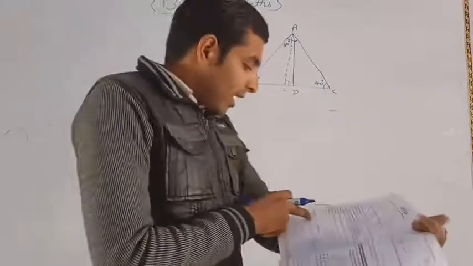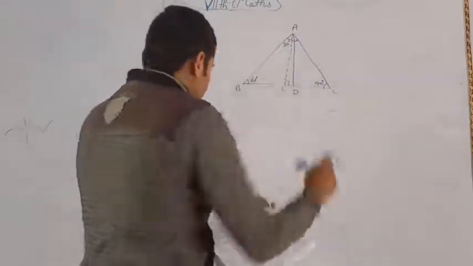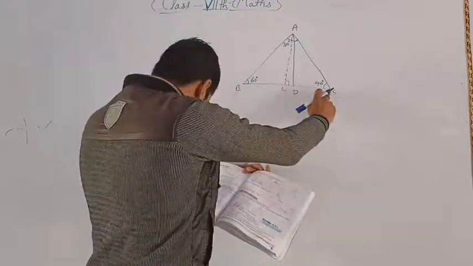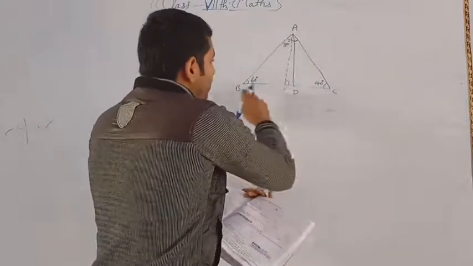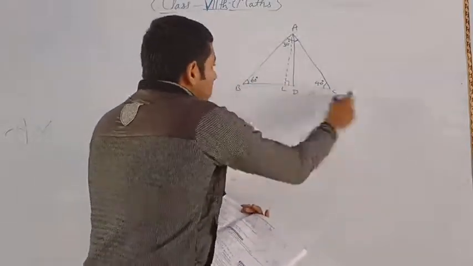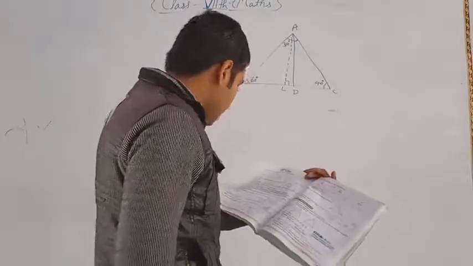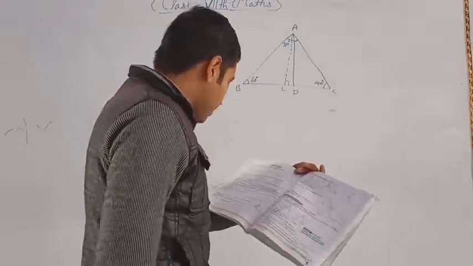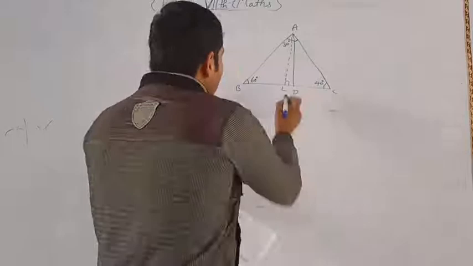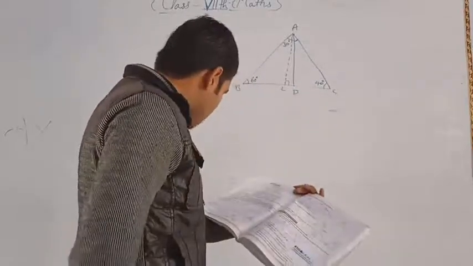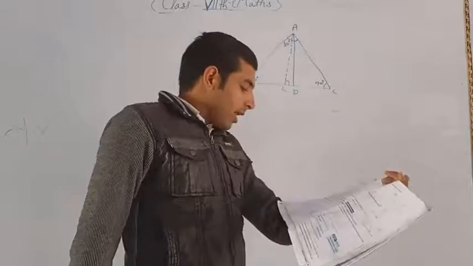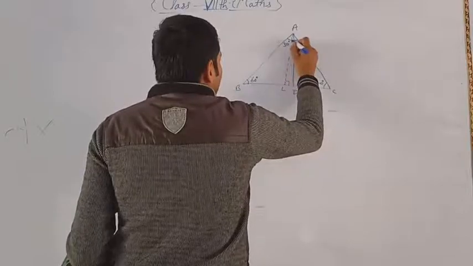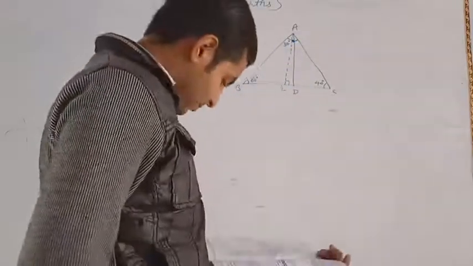Given that in triangle ABC, angle B is equal to 60 degrees, angle C is equal to 40 degrees, AL is perpendicular to BC, and AD bisects angle A such that L and D lie on side BC. So we have to find angle LAD. We have to find this angle in this figure.